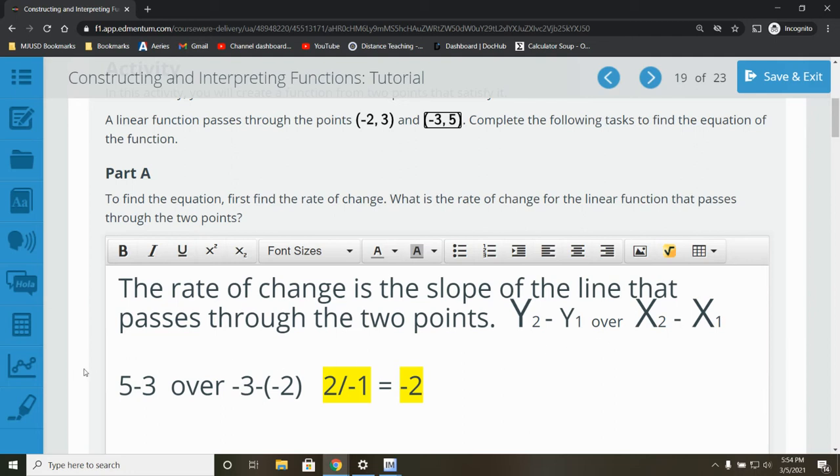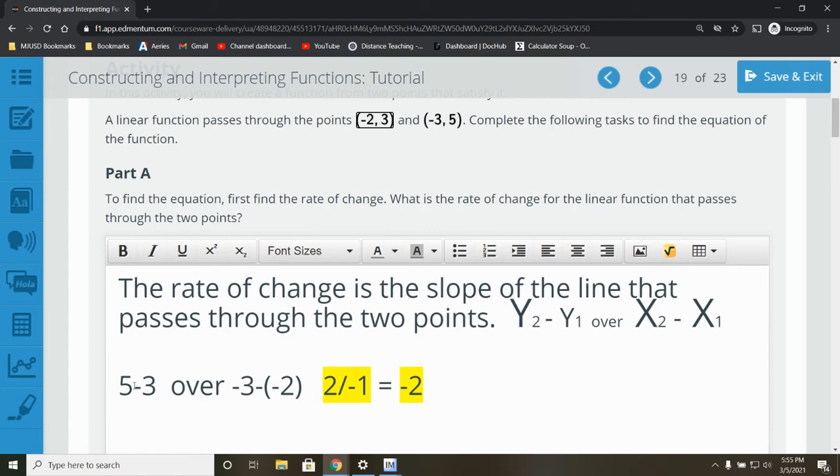We just did this. So 5 minus 3 over -3 minus -2.